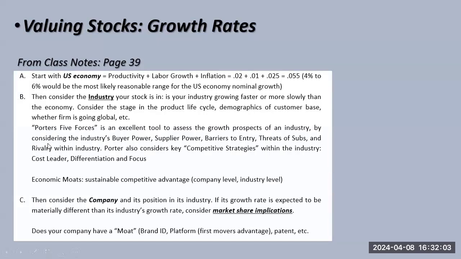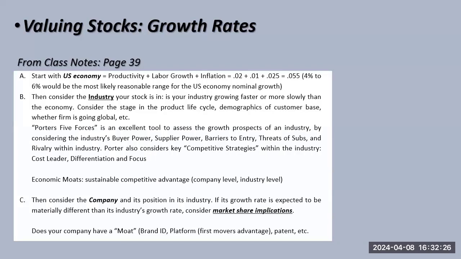Porter's Five Forces is really excellent here. Hopefully y'all have that and you know it, because we use it all the time in finance. Who are the buyers? What's their power? Who are the suppliers? How hard is it to get into this industry? What are threats that could come along and just wipe it out? How much rivalry is there?